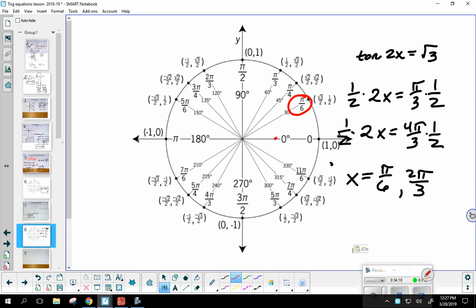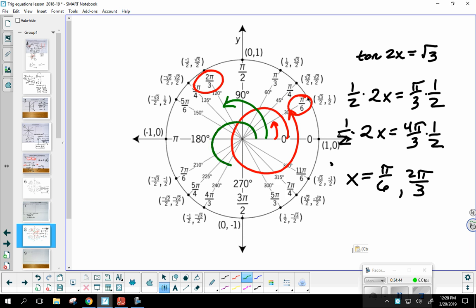So now, if that's an answer, then going all the way back around would give me a second answer. We also got 2 pi over 3, which is right here. So one answer came from there. Where do you think I'm going to get another answer?